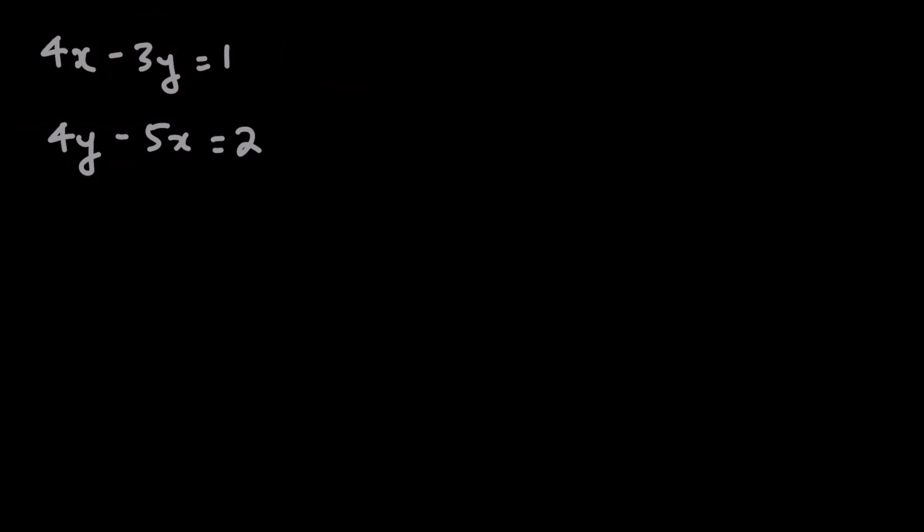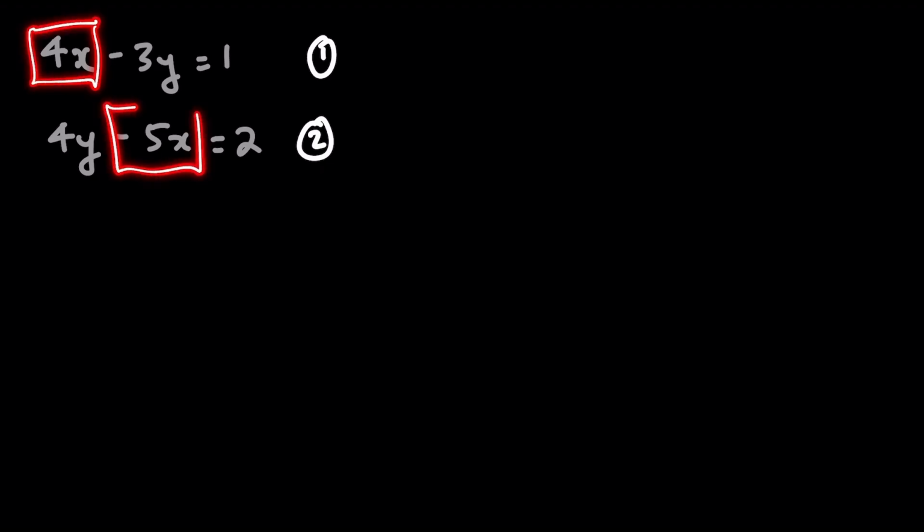So we did an example before where we just times one equation by a constant, but this time we're going to do both. And for this example, I'm just going to eliminate the variable x. So this is equation 1, this is equation 2, and if I want to eliminate x, I need to find the lowest common multiple between 4x and 5x.